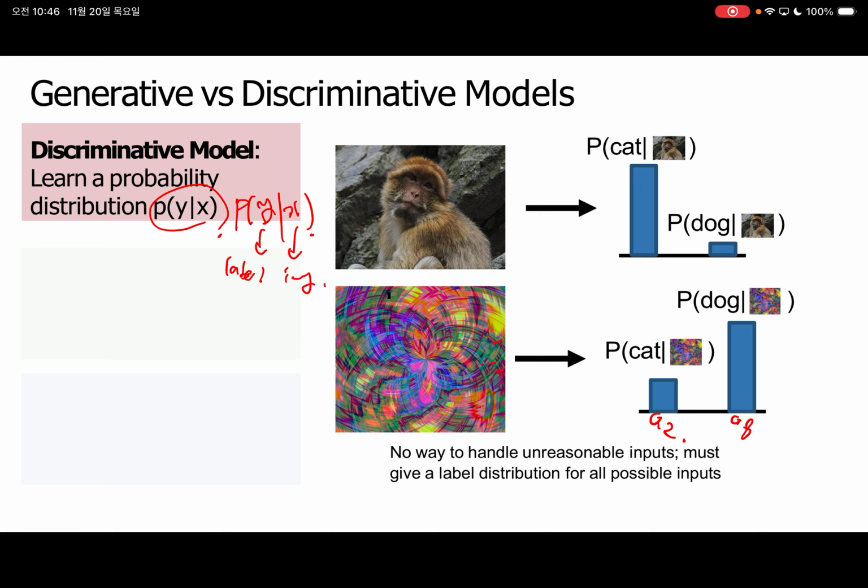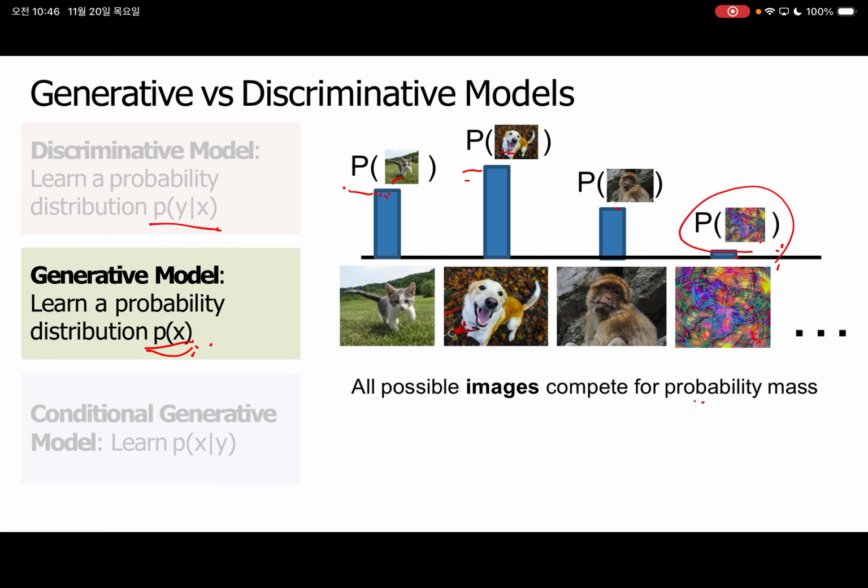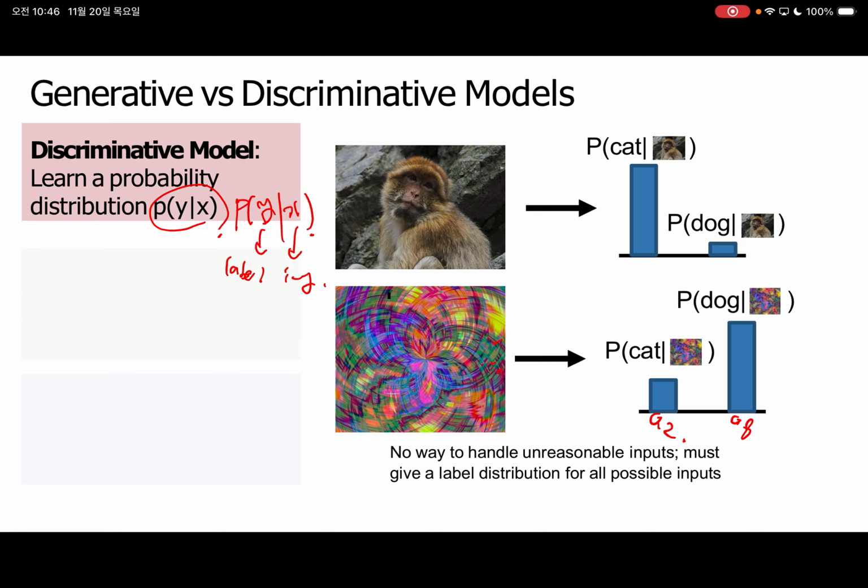That is our interest in a discriminative model. Given data, where the image is the data, a discriminative model tries to get the distribution of the label. That is the role of discriminative models.